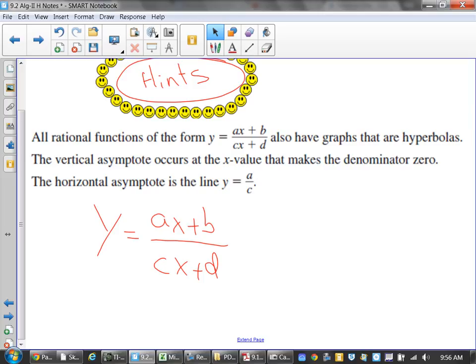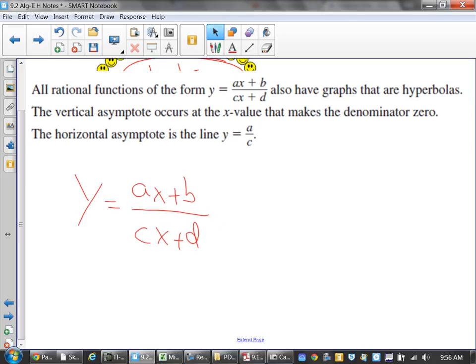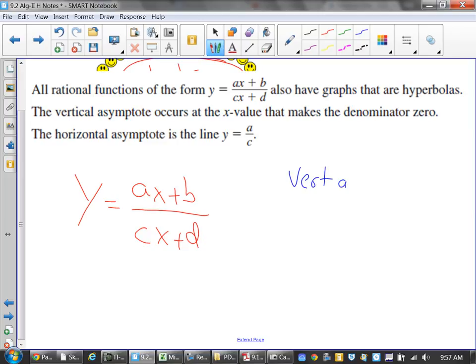What's going to happen here with these is the difference now is that your vertical asymptotes wind up wherever your denominator is equal to 0. So your vertical asymptote is when you take that denominator equal to 0 and you solve for it.